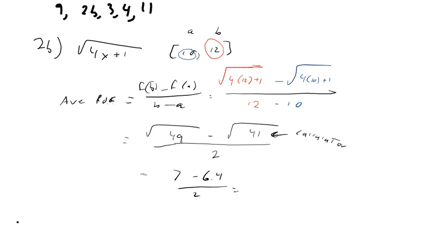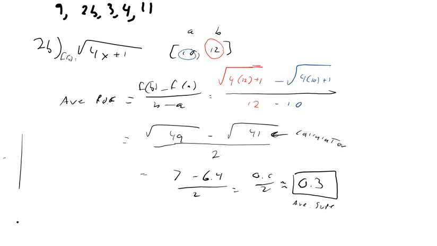Over 2, what is that? 7 minus 6.4 is 0.6, right? 0.6 over 2 is about 0.3. And that's fine. That is the average rate of change. That's the average slope of this function f of x, from 10 to 12.